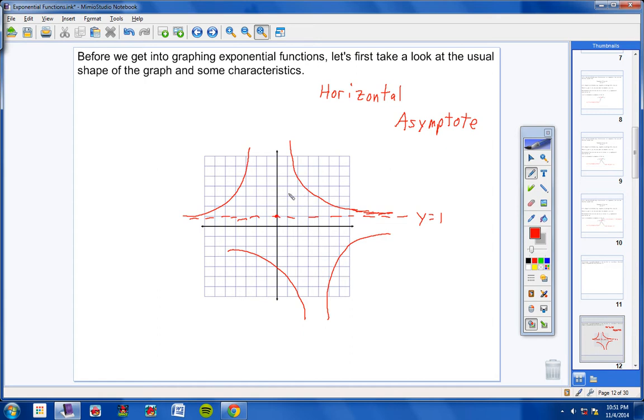So listen, make note of this in your notes. Every exponential function will have a horizontal asymptote, okay? Every single one. So it's important that you know that. And they're all going to be curved like this, okay?